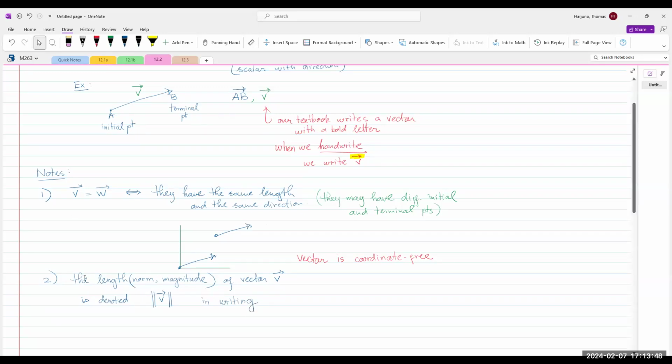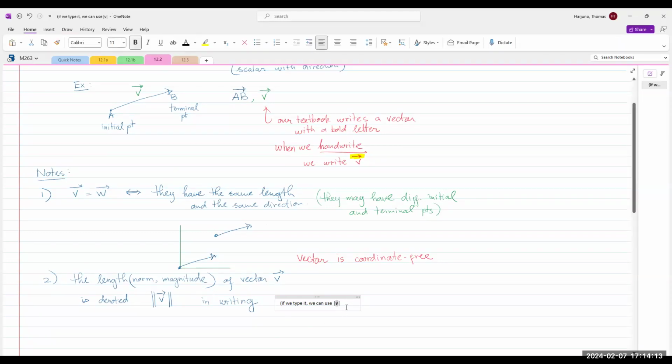In typing, maybe I type it here. If we type it, we can use just the absolute notation, but the V is bold. Okay, see the difference though, see the difference.